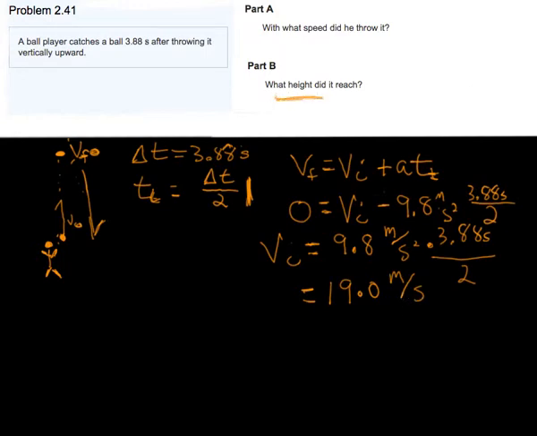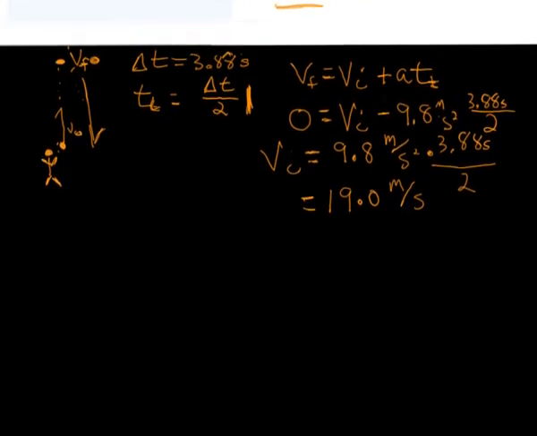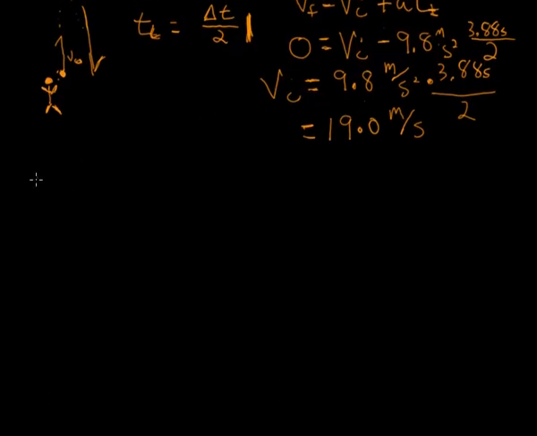Well, now to find what height it reached, we're going to take the same half of a path, but we're going to use VF squared equals VI squared plus 2AY. I'm going to solve for y. This again is 0 at the top of a flight.